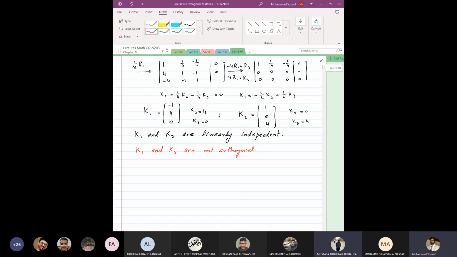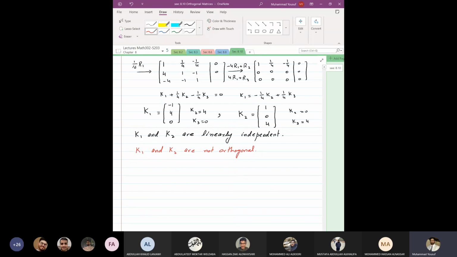Bring the norm. Yes. If we divide K1 by its norm, and K2 by its norm, then still they are not orthonormal because they are not orthogonal.